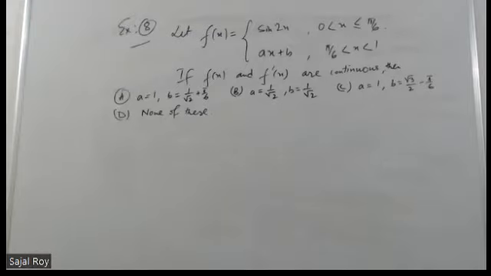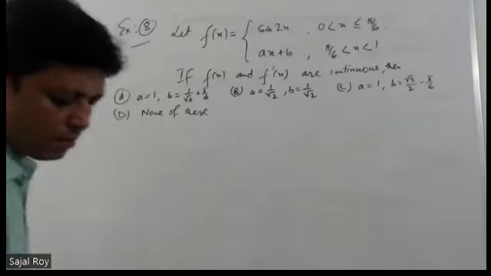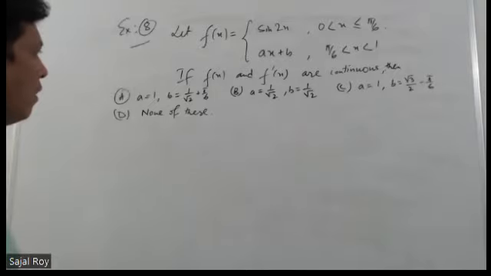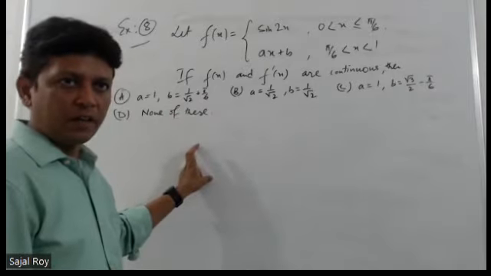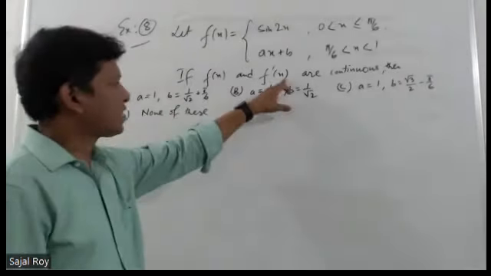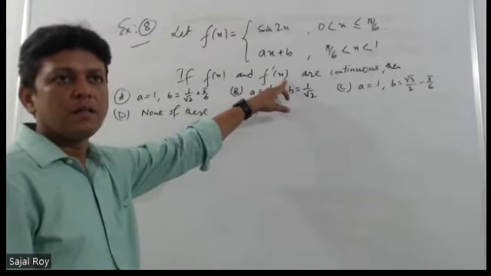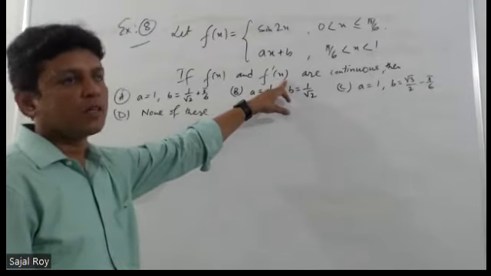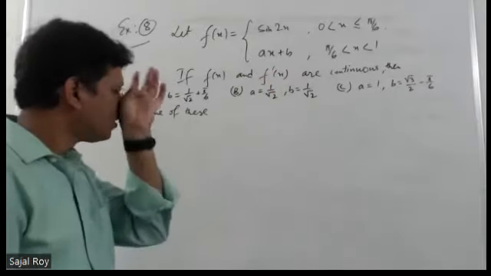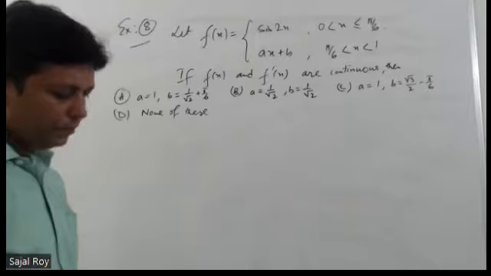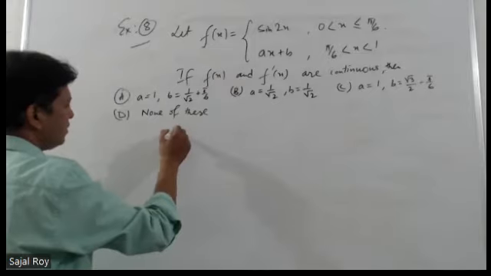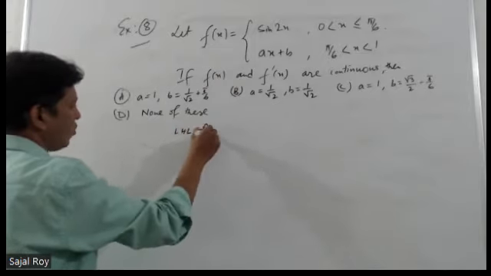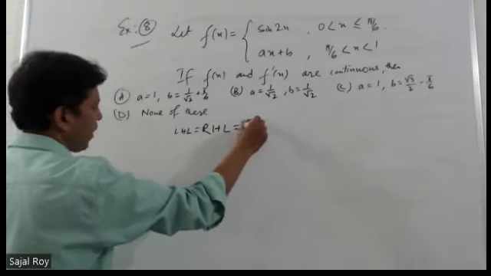If f(x) is continuous, one of the conditions will give you one value. If f dash x is continuous, the derivative exists. So the left limit will stand. I'm just writing that part at pi/6. So left hand limit equal to right hand limit equal to f(pi/6).